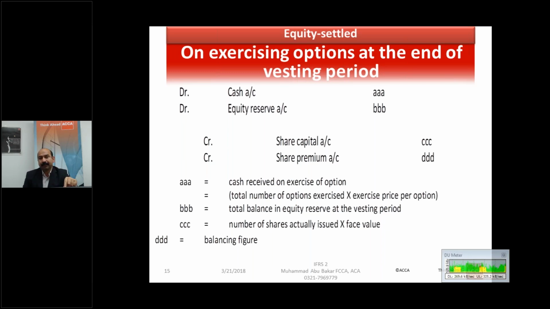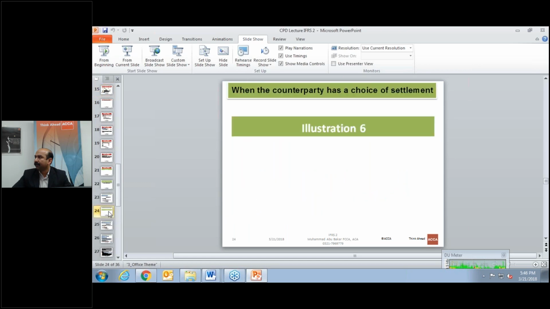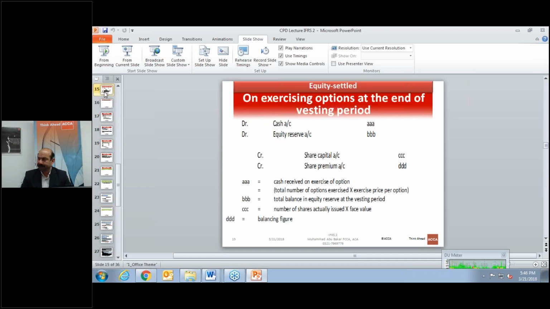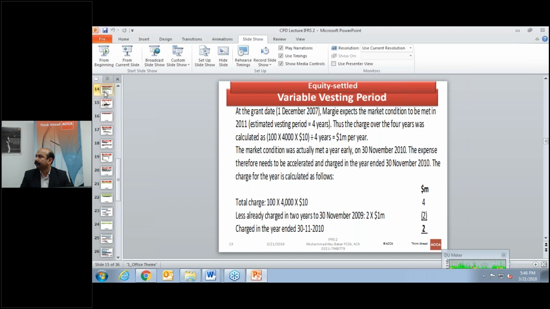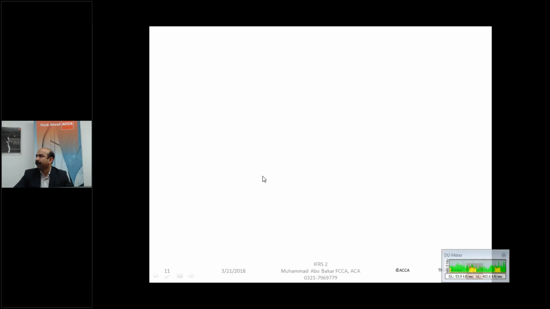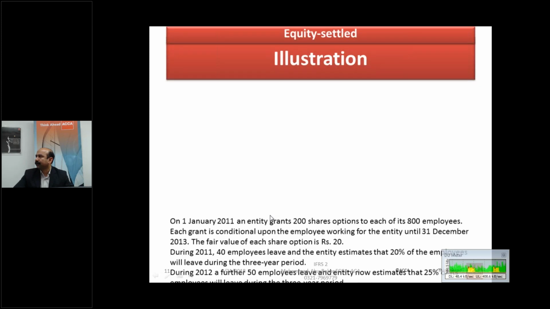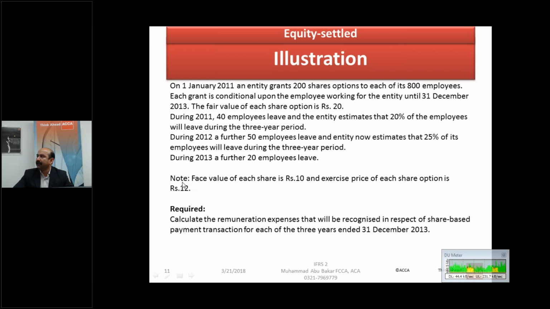Madiha, when an option is exercised, there is an exercise price. If you look at the illustration, you can see that this option has got an exercise price of 12.